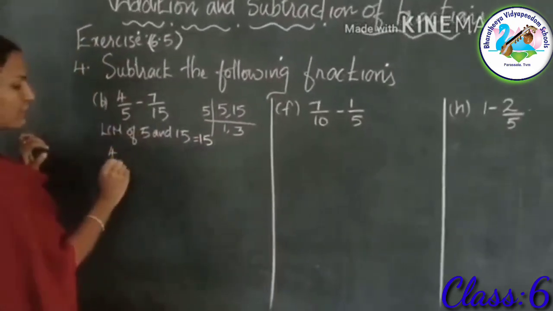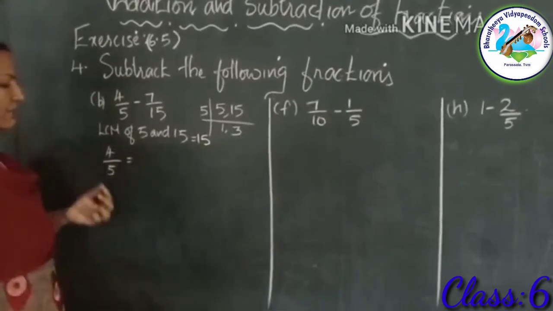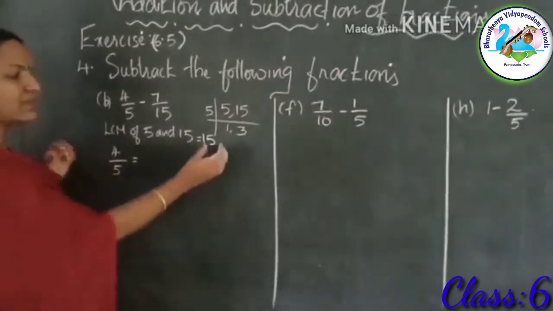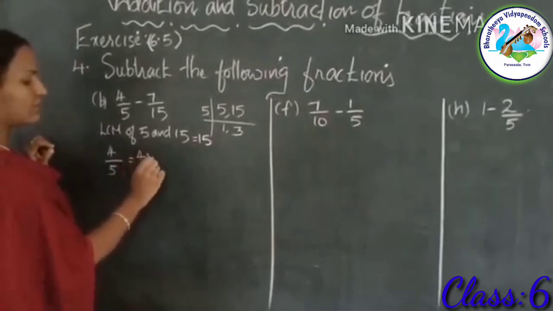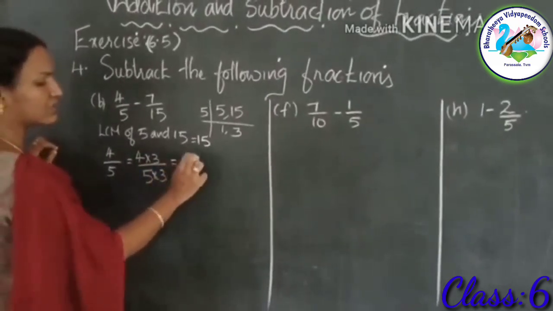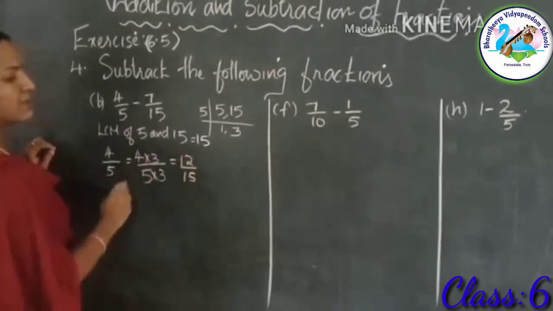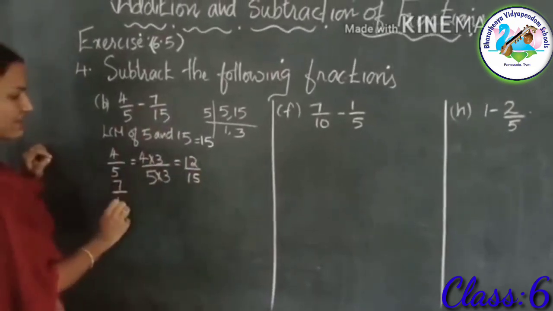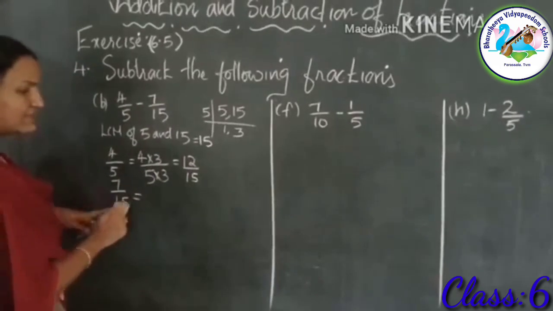First fraction 4 by 5. Multiplying 5 with 3 we get 15. So 4 into 3 divided by 5 into 3 is equal to 12 by 15. The next fraction 7 by 15, so the denominators are same.